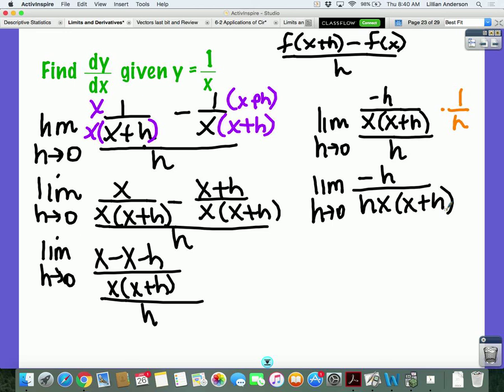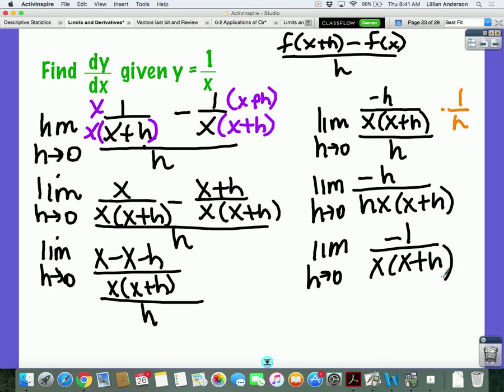Everybody see that? I don't want to write out that extra step, so I just went ahead and did that there. This is what you end up getting. Then you notice that your h's are going to what? Cancel out. So you're going to be left with the limit as h approaches 0 of negative 1 all over x times x plus h.